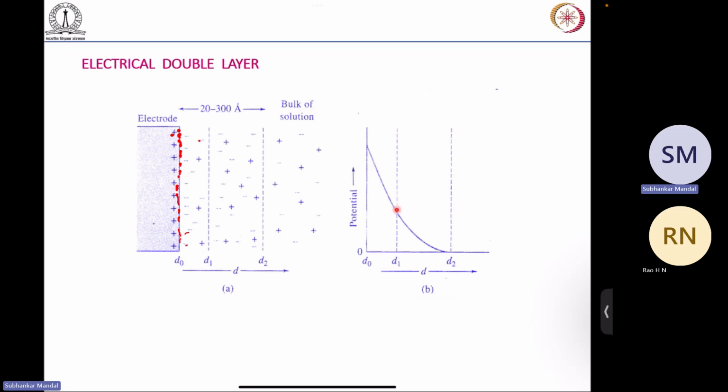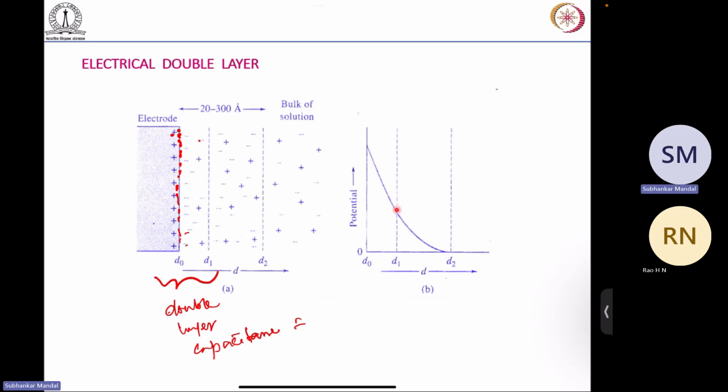So this surface is called a double layer. Why double layer? Because positive and negative are there, so double layer. And this is also called the capacitance, people also call it that. What is capacitance?